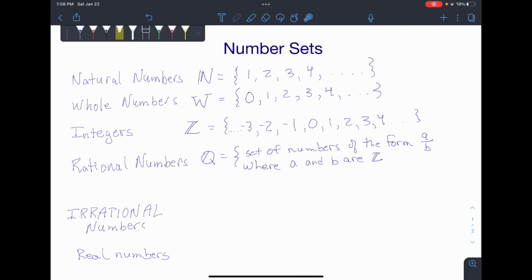And there's one catch. B can't be 0. We can't divide by 0. Remember, this horizontal line here represents a division. Examples of rational numbers would be 1/2, 3 over 2.